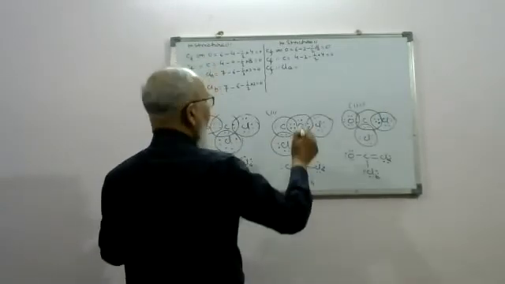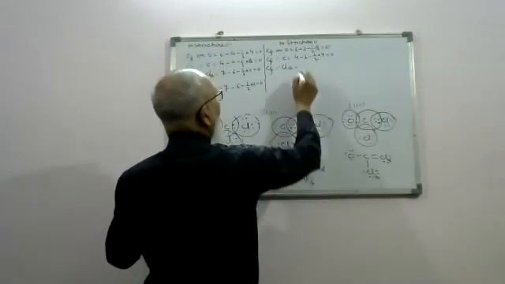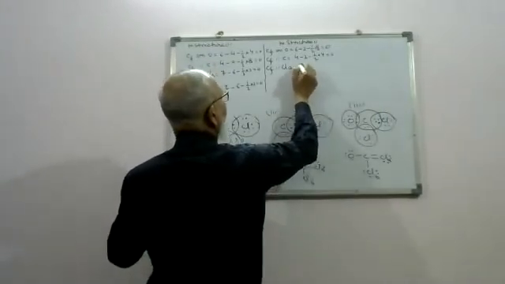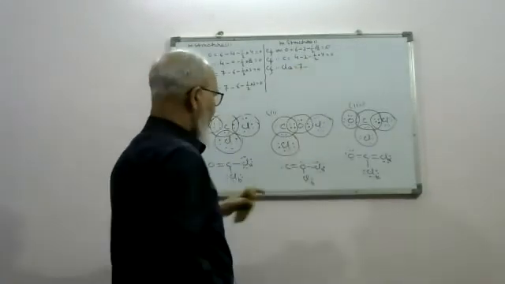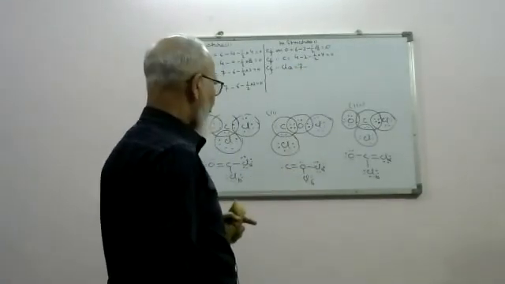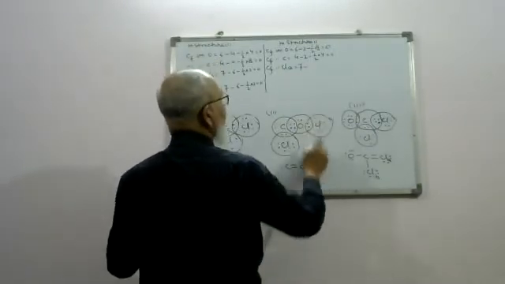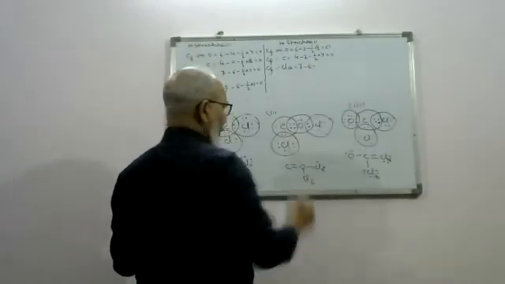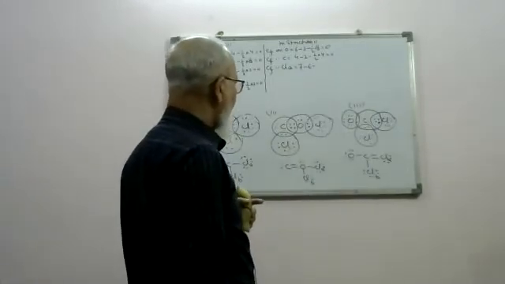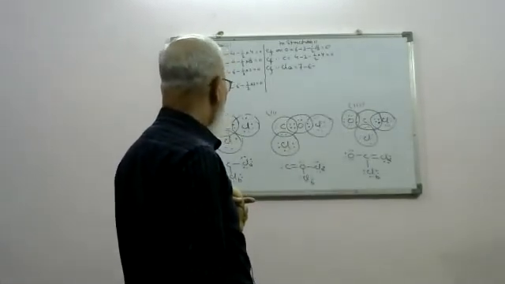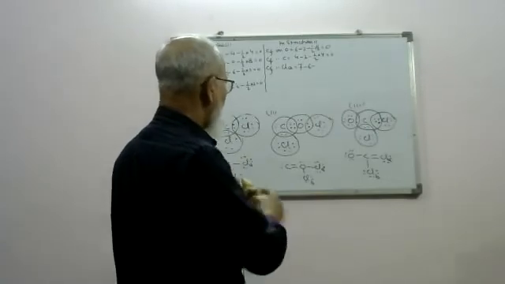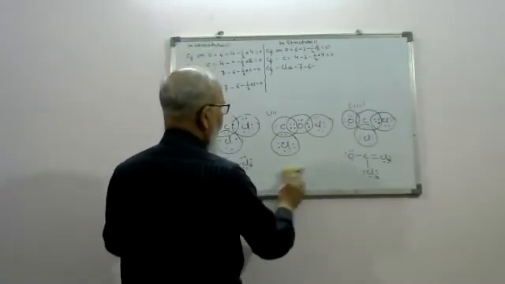Formal charge on ClA, this is equal to 7 minus number of shared electrons, unshared electrons 6 minus number of... this is the wrong structure, sorry.